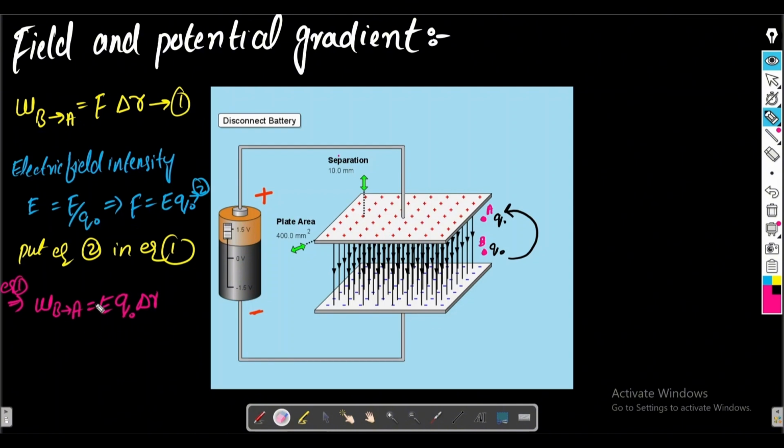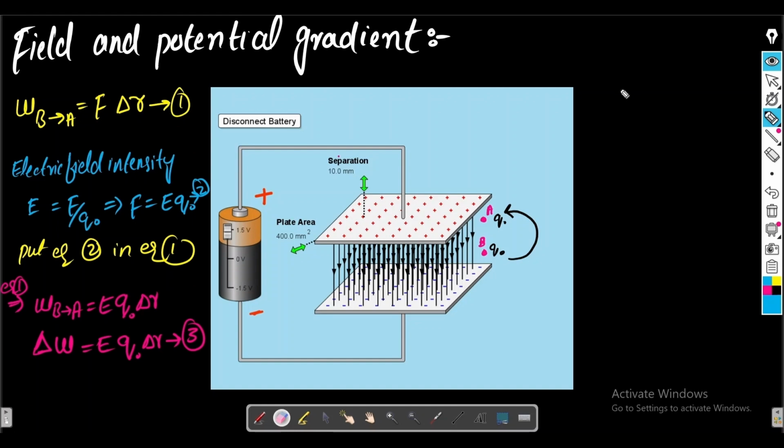This work done is actually the change in work, so the work done to bring the charge from position B to position A can be written as del W, which is equal to E Q0 del R. Now this is equation 3.